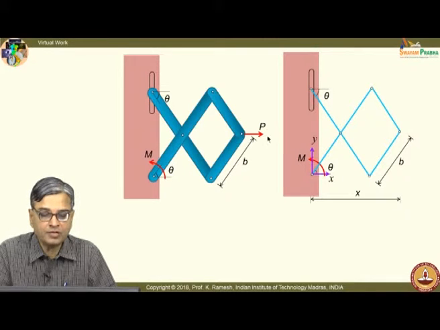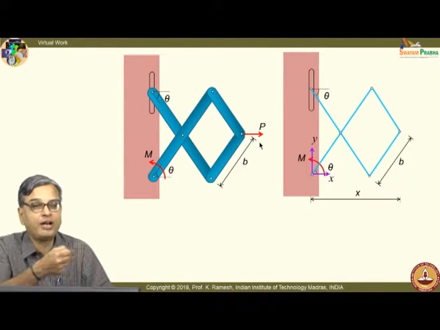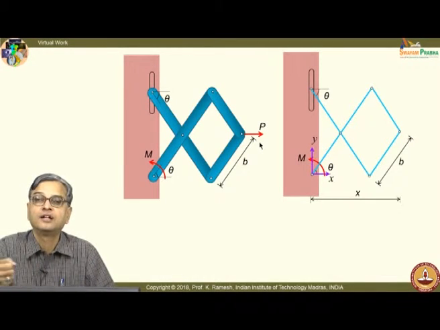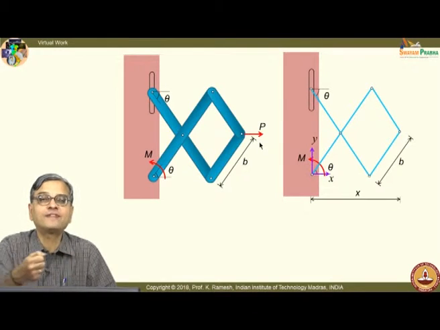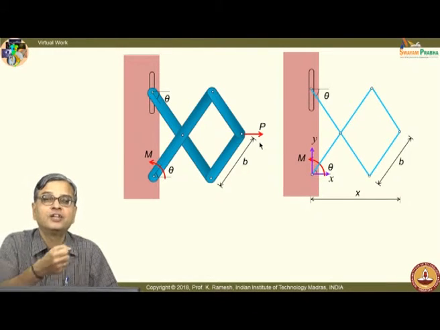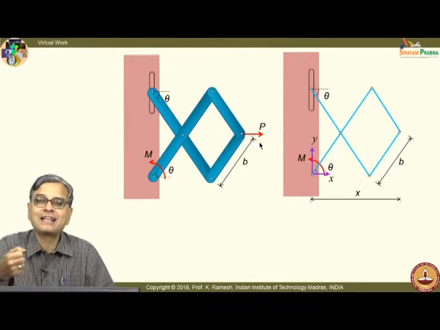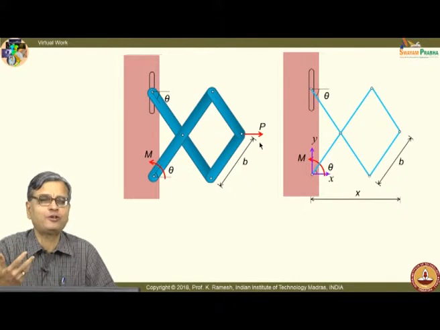And what I am going to do is, see, it is easier for me to visualize. I am applying the force P, I am trying to pull it out. So, I would visualize what the displacement configuration is when I slightly increase the force P. It is easy for me to do.